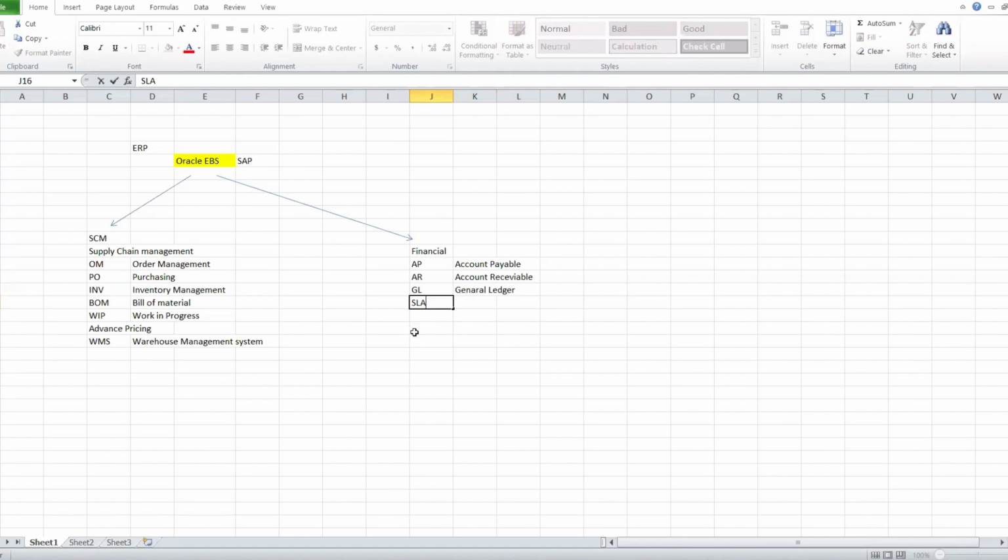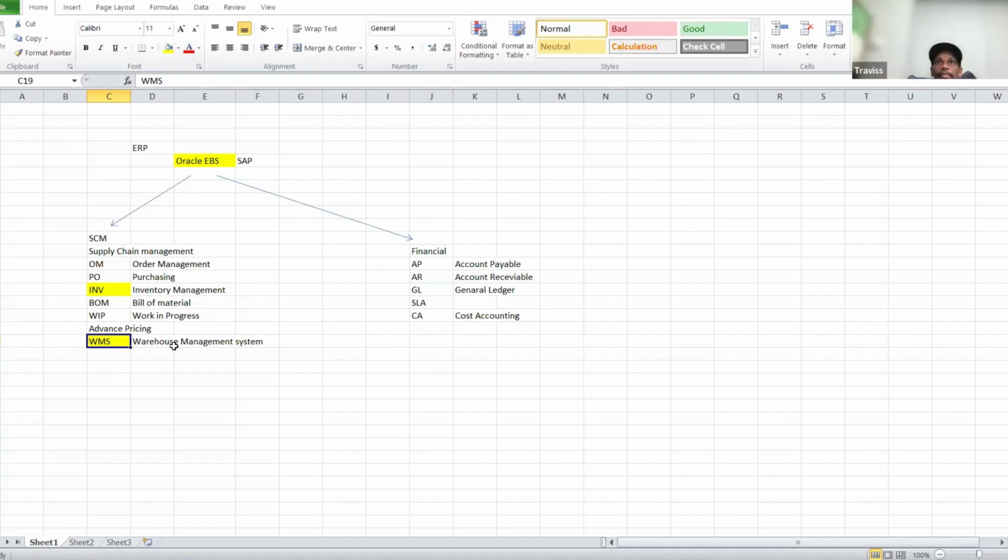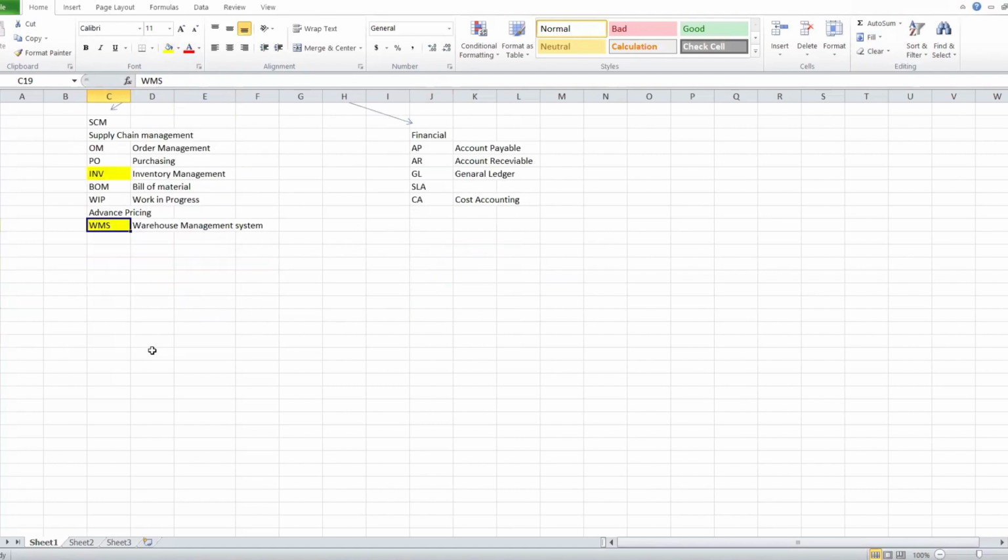As a basic, we can master that. And one is CA, cost accounting. Now we are going through each and every module, but before that, we are going to inventory management and warehouse management simultaneously. Till now we are good. Any doubt? Yep, I'm good. Okay.